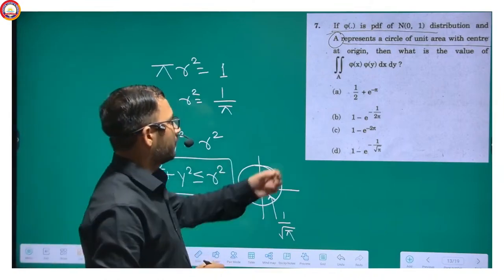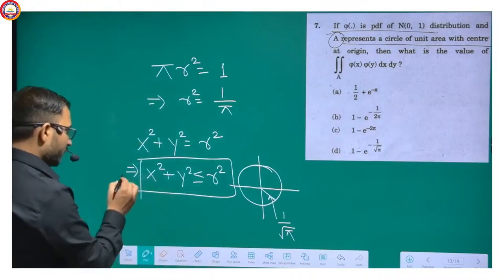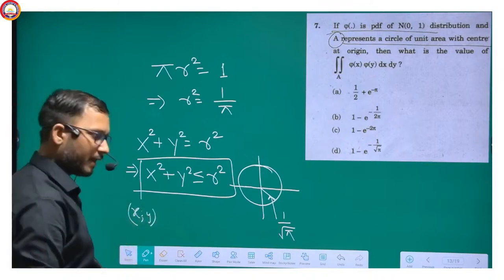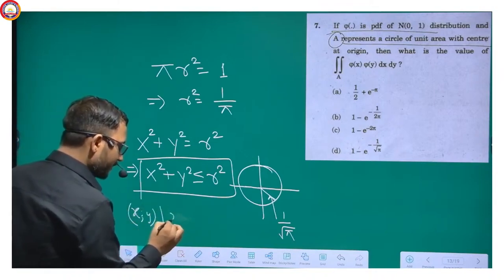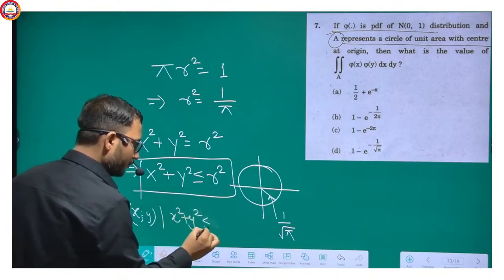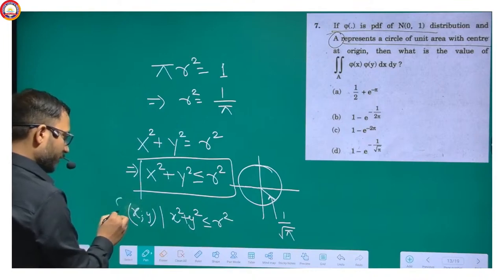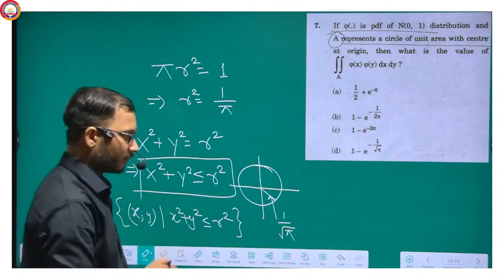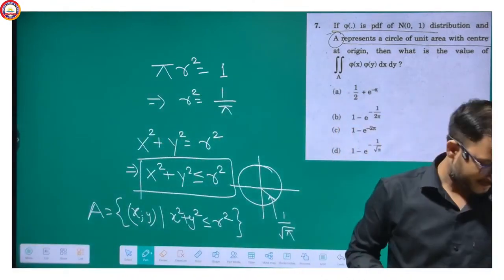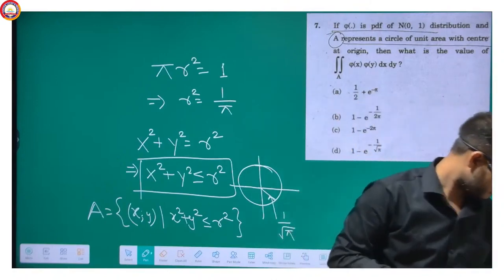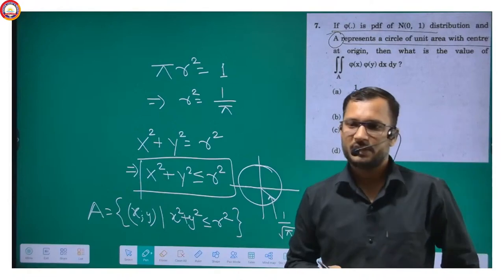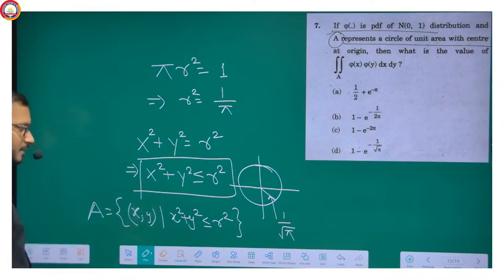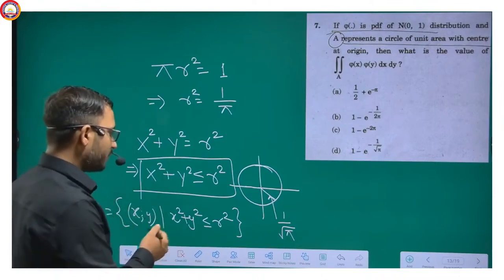That means this A is nothing but the region of points x comma y such that x square plus y square is less than or equal to r square. Getting my point? This A is this.